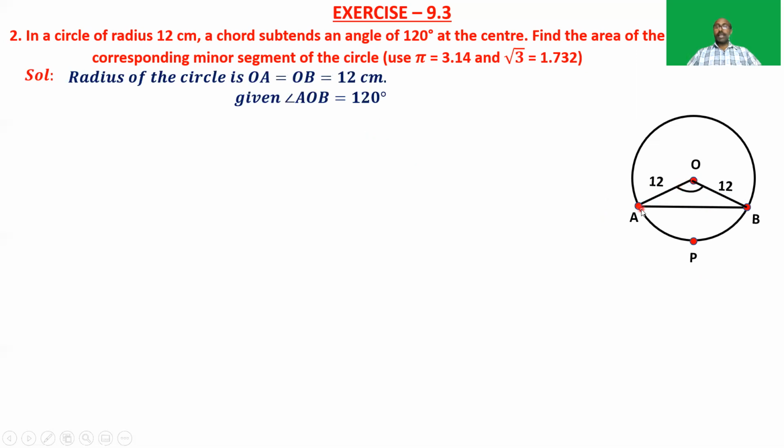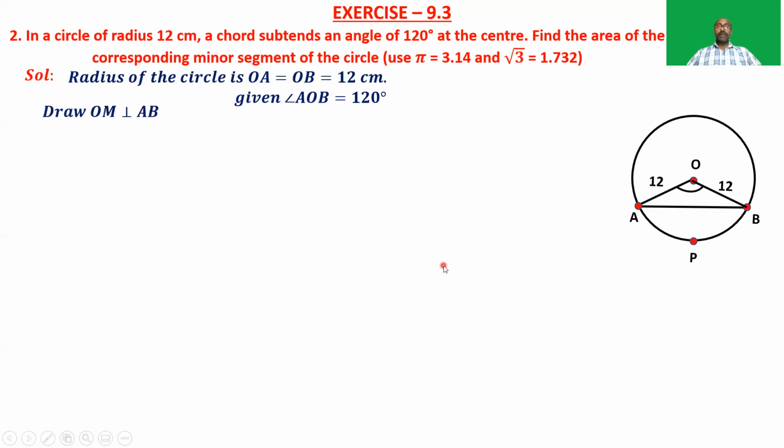Now the area of the segment APB is equal to area of sector OAPB minus area of triangle OAB. So we have to find both the areas of sector OAPB and triangle OAB, and by subtracting area of triangle OAB from area of sector OAPB, we remain with the area of the segment APB.